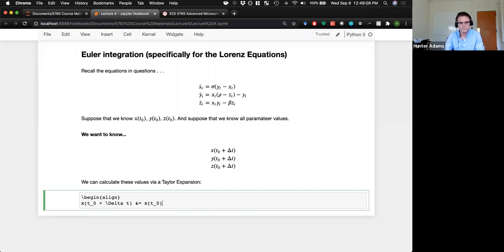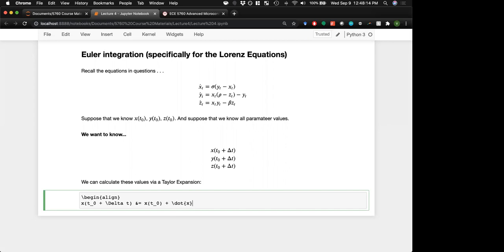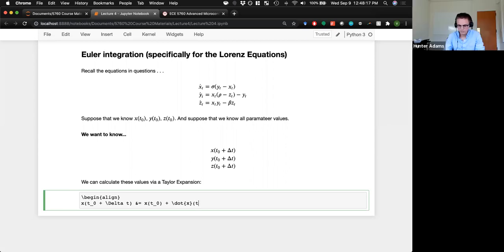The next one is x dot at t0 times delta t, plus infinity more terms that I will wrap up into the expression HOT, or higher order terms.